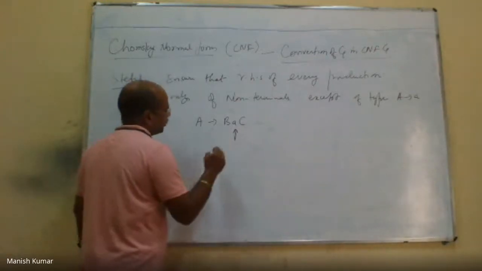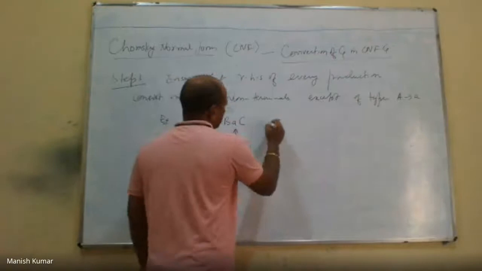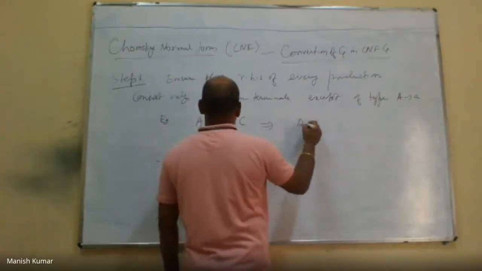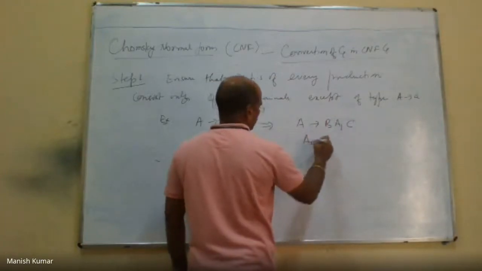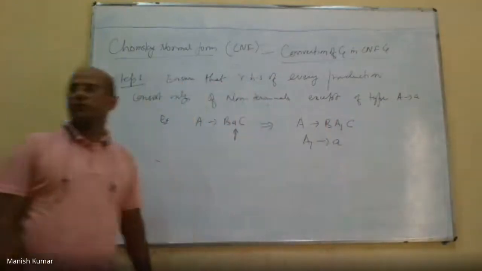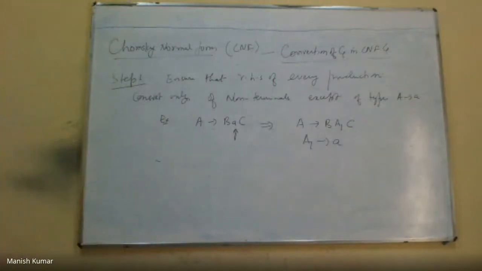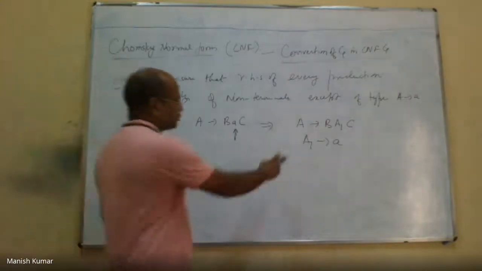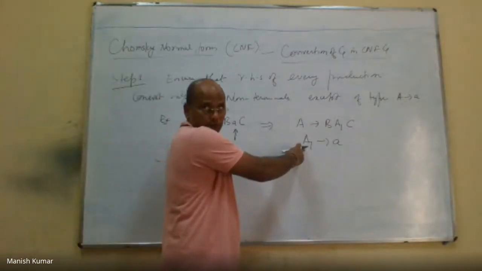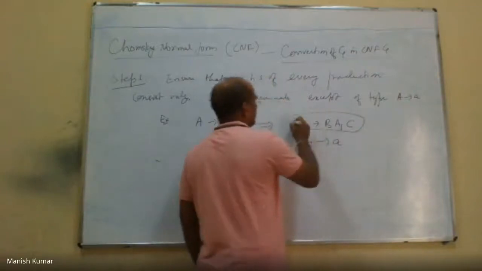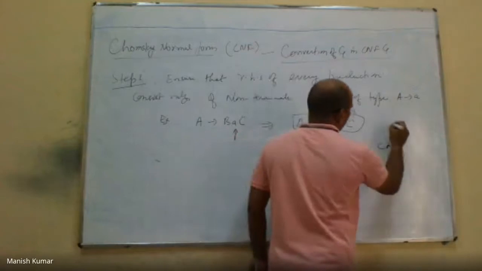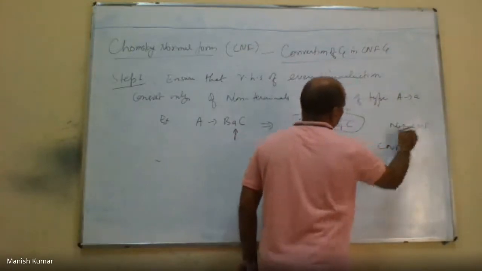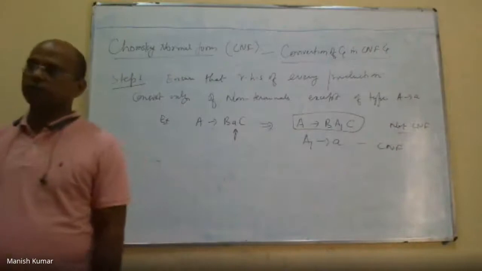I can write A goes to B A1 C, and then A1 goes to a. Doing this becomes Chomsky normal form type, whereas the original is not in CNF, so I have to convert this particular thing.